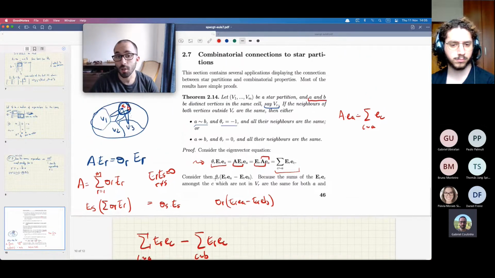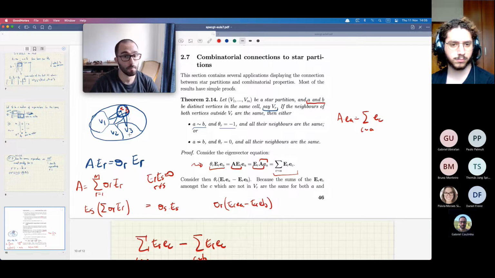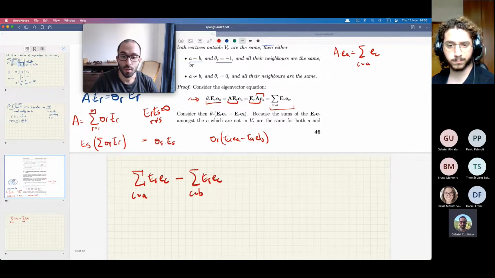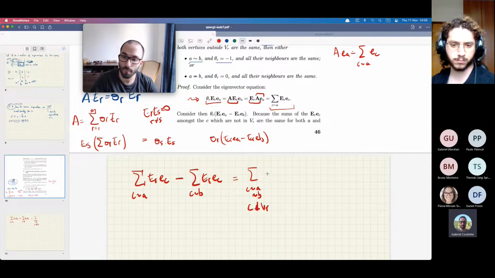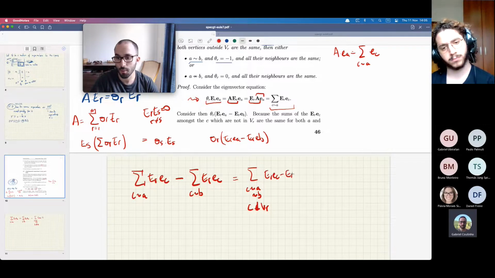Now they have the same neighbors outside. So this thing here becomes the sum over C a neighbor of A or of B, and C not in VR, of E sub r E sub c minus E sub r E sub c, which is 0, of course.